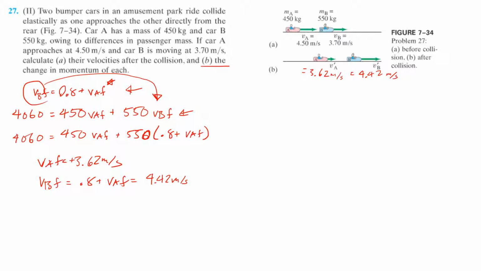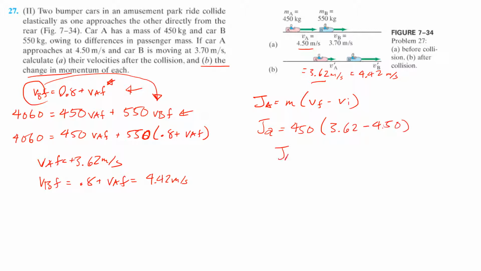We're not done yet. Part B, they want the change of momentum of each. And that's pretty easy. J of A is equal to mass times V final minus V initial. We have the V final and V initial right here. So J A is going to equal the mass, 450 kilograms, times 3.62 minus 4.50.